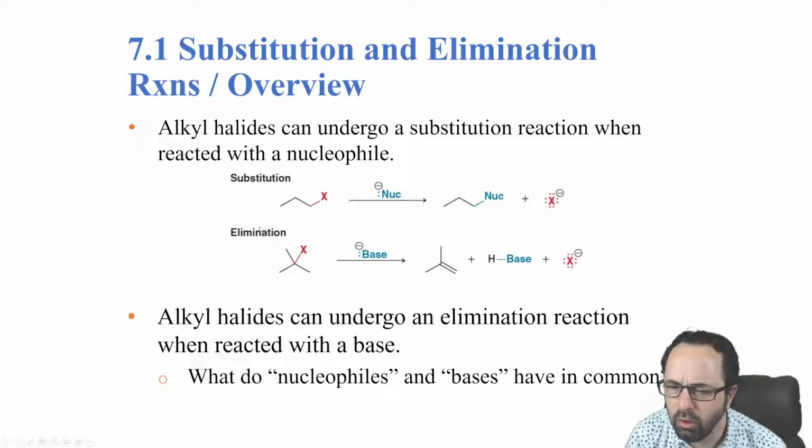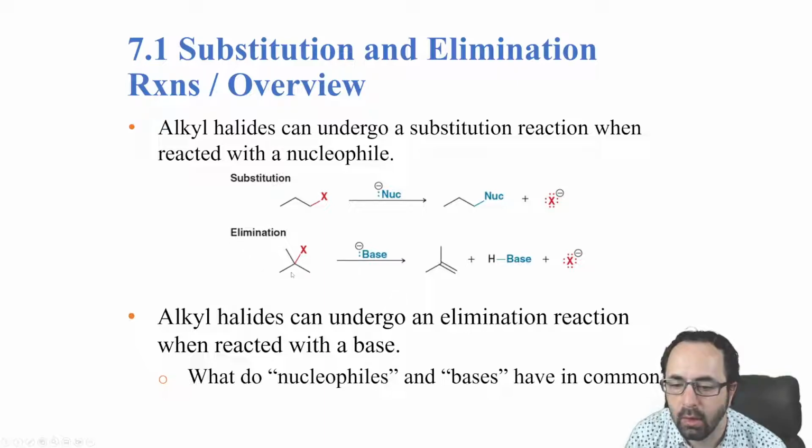In an elimination, we have a base instead. And so here we're going to talk about the qualities of nucleophiles and bases. But bases accept protons. At least in the Bronsted-Lowry definition, they accept protons, and that's exactly what happens here. A hydrogen atom is removed from a carbon here, and then the halogen atom also leaves, and ultimately we get a pi bond between two of the carbon atoms, a double bond.